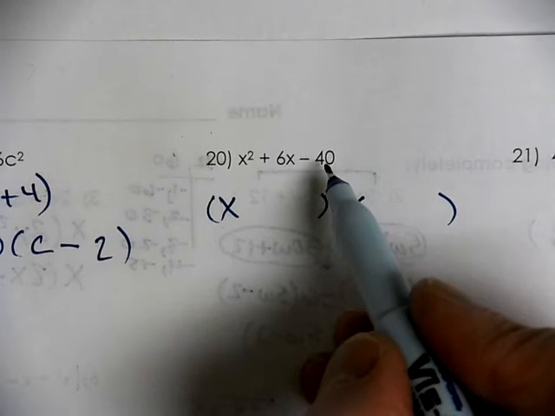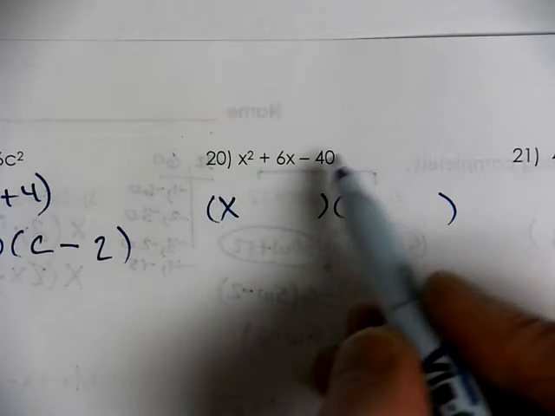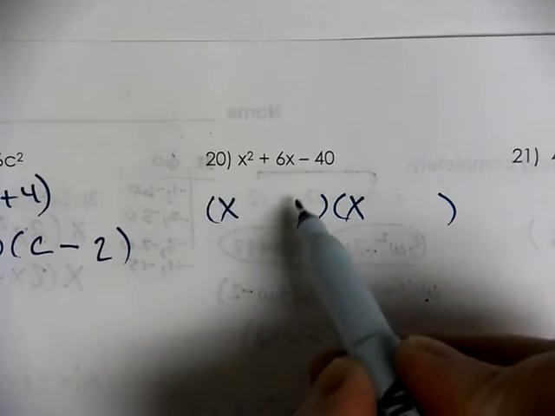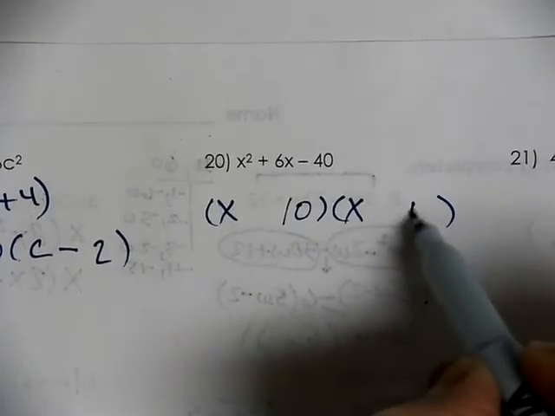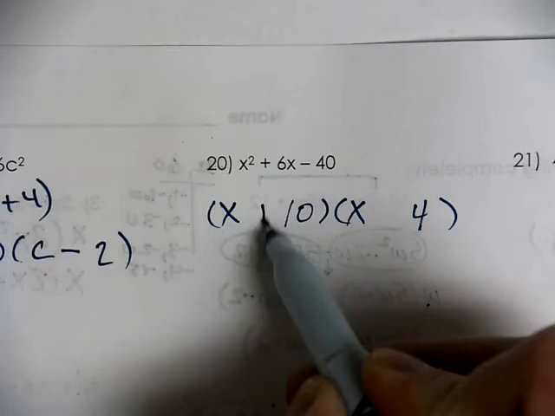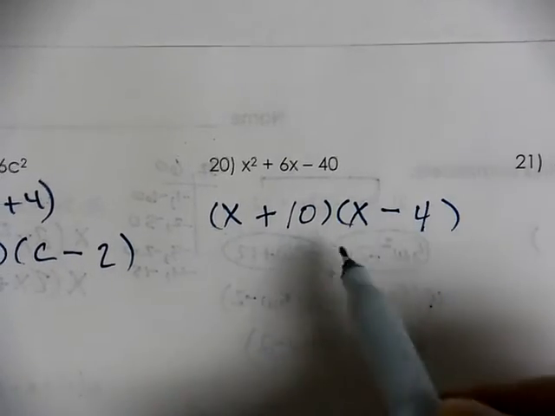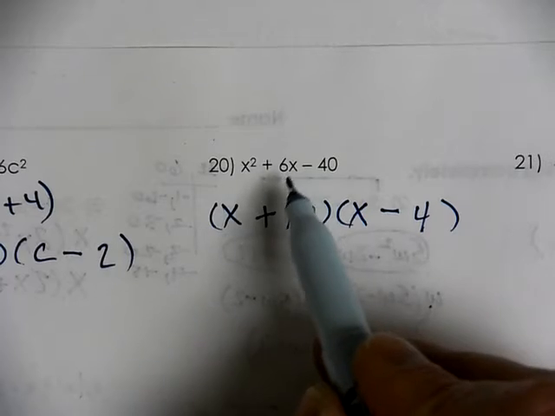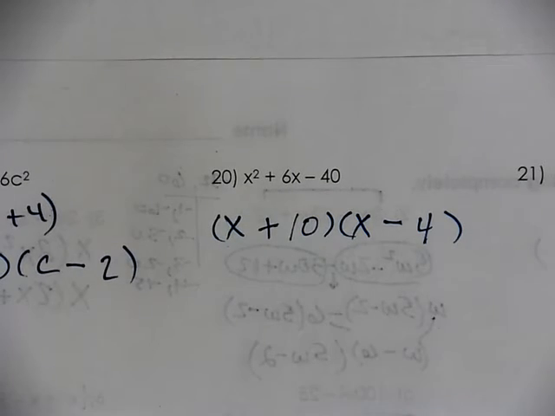Okay, 20 times 2, obviously 40 times 1, 5 times 8, 10 times 4. But we're trying to figure out which one of those are 6 apart from each other. So the 10 and the 4, if it's a positive 10 and a negative 4, those would add together to be a positive 6.